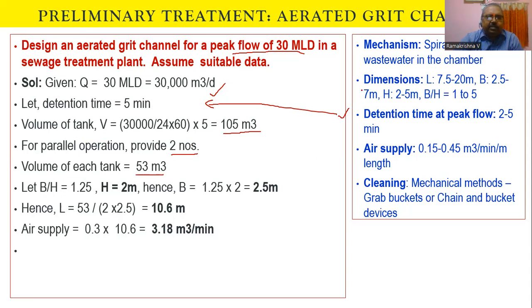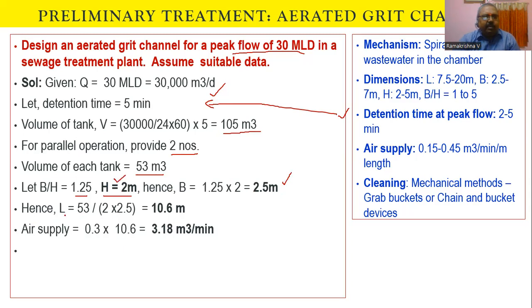And B by H here is 1 to 1.5. I'm taking it as 1.25. And we assume that this is a small tank, so H is equal to 2 meters, we'll keep the minimum depth. So B is equal to 1.25 into 2, which is around 2.5 meters. So minimum depth of H and B we are adopting.